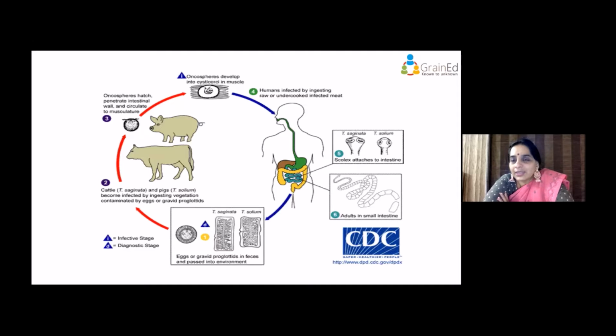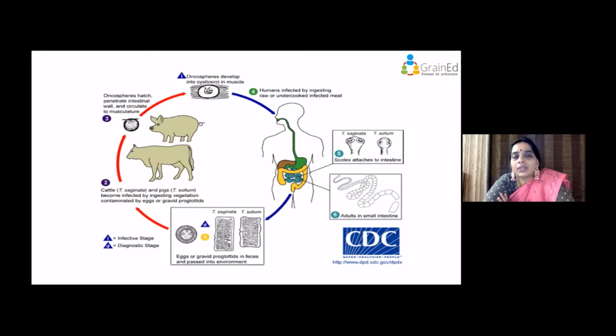And once they ingest, it goes to their intestines, but then these larvae go and settle down in the muscles of these animals. You understand what I'm trying to tell you? It has a proneness to go and settle down in the muscles of the animals.